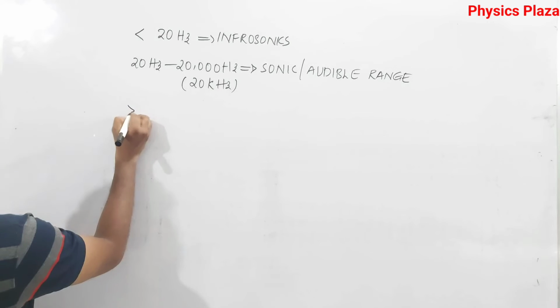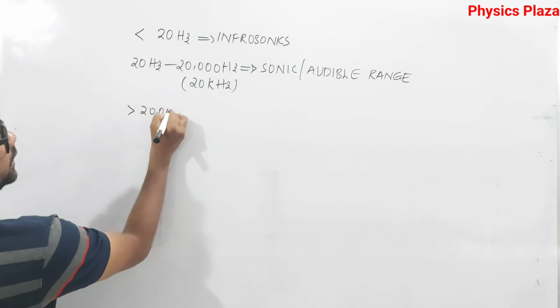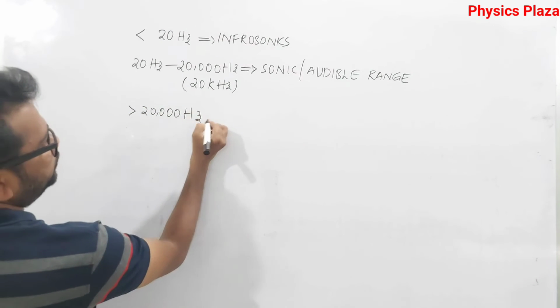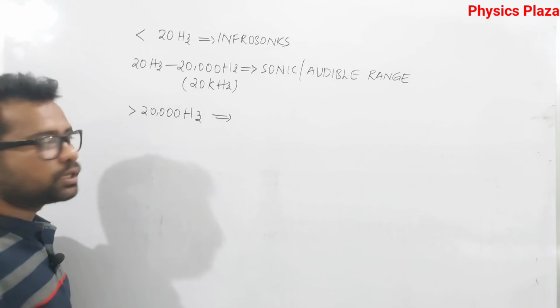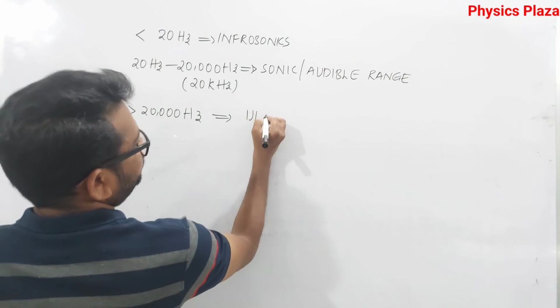And the sounds with greater than 20,000 hertz, that is 20 kHz, are called ultrasonics.